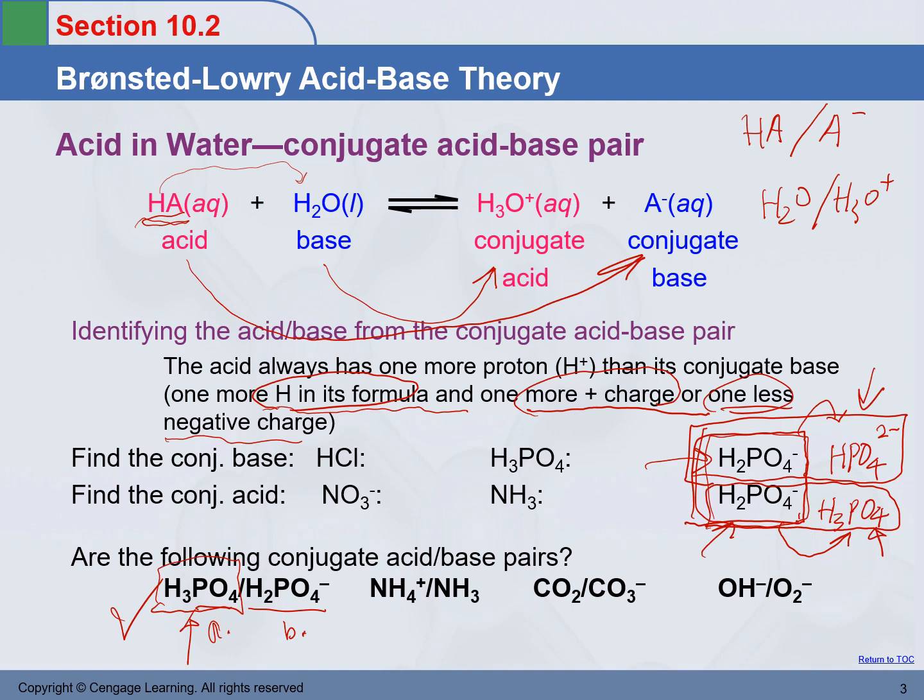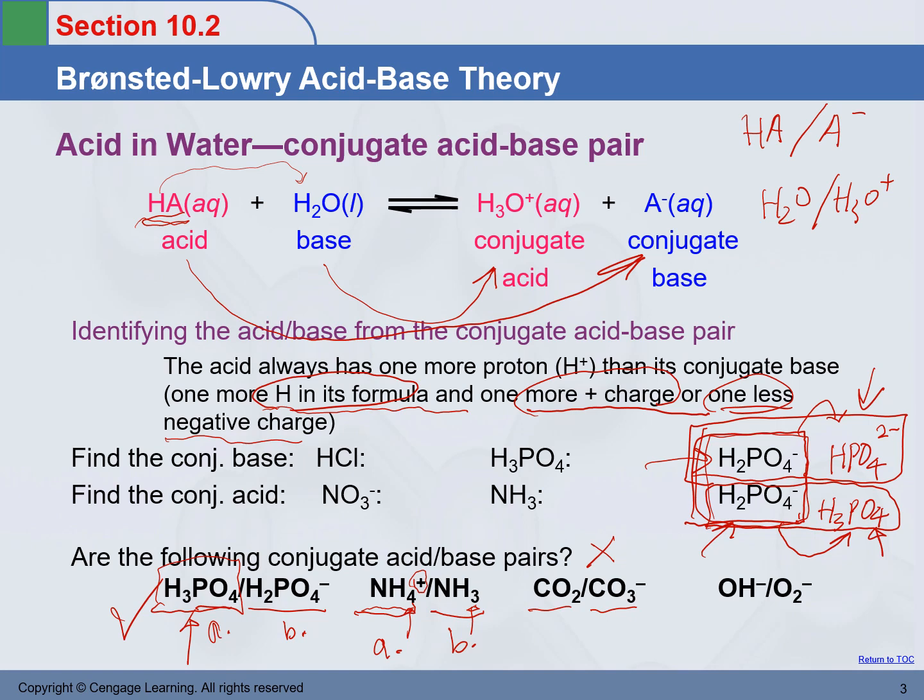Conjugate acid-base pair. These two, well, H4, H3, they do differ by an H. Good so far. The one with one more hydrogen has one more positive charge. Good. That is a conjugate acid-base pair. These two, well, of course, no, neither of them has a hydrogen.